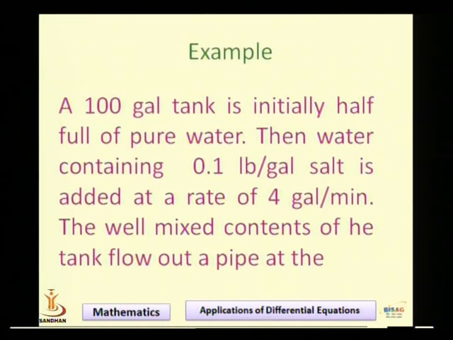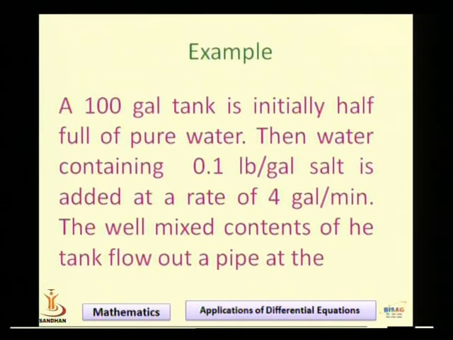Let us see this example. A 100-gallon tank is initially half full of pure water. Then water containing 0.1 pound per gallon of salt is added at a rate of 4 gallons per minute.